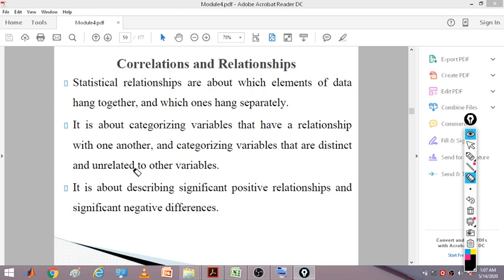Now, correlation describes a significant positive relationship and also a significant negative relationship. They may be related in a positive manner, or related in the opposite direction, the negative direction.